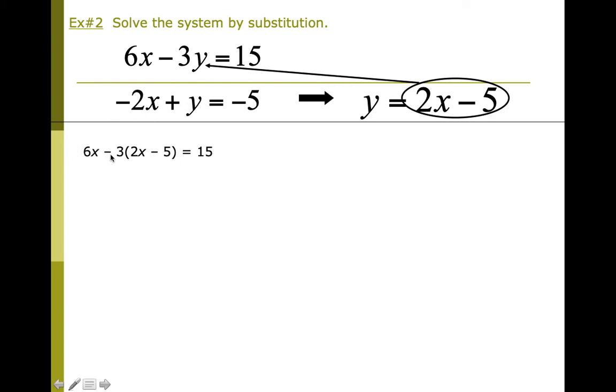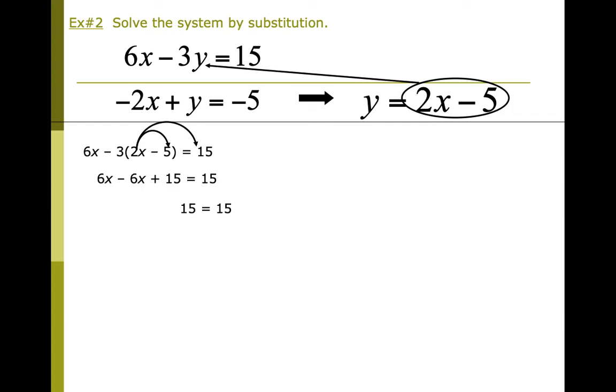So 6x minus 3 times 2x minus 5 equals 15. So we distribute it out. So 6x minus 6x plus 15 equals 15. Interesting. So now 6 minus 6 gives us 0, and 15 equals 15.